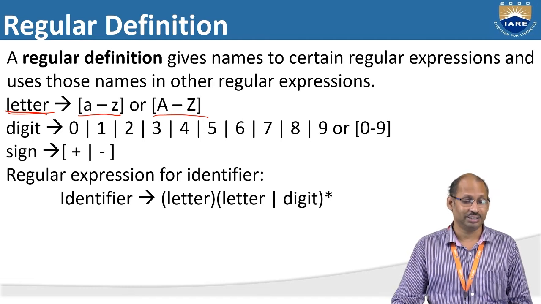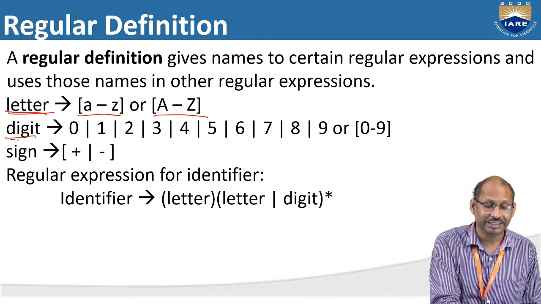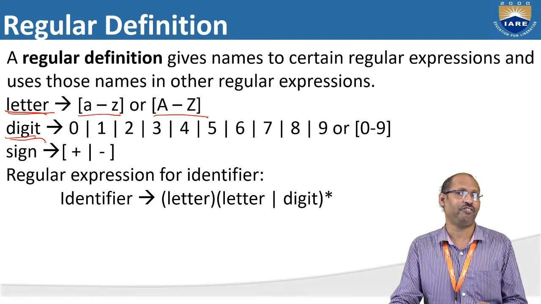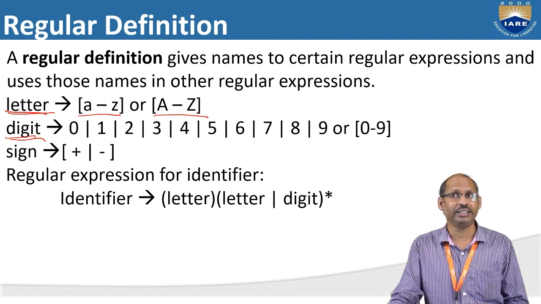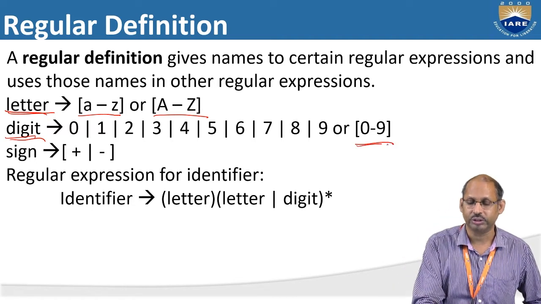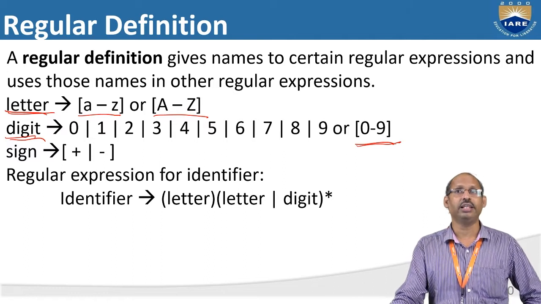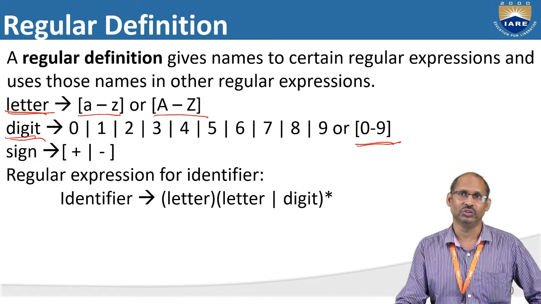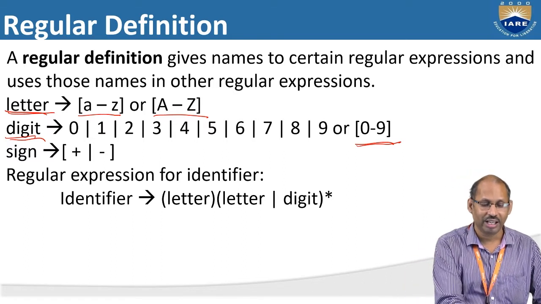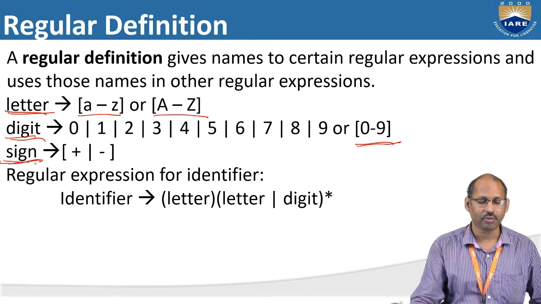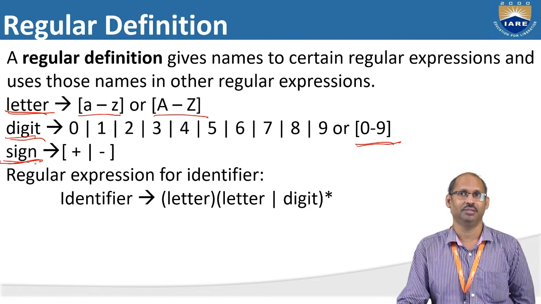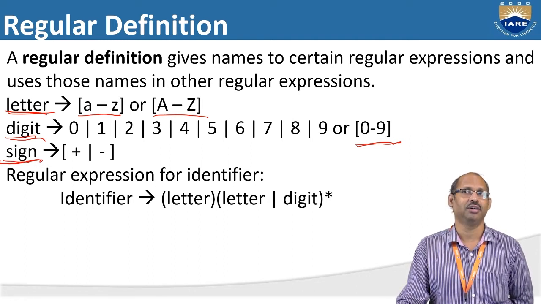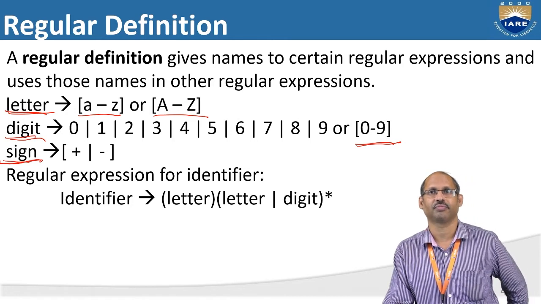Right? Then digit. Digit is a regular definition representing 0 to 9, all the numbers 0 to 9. Then sign, either plus or minus. Okay?